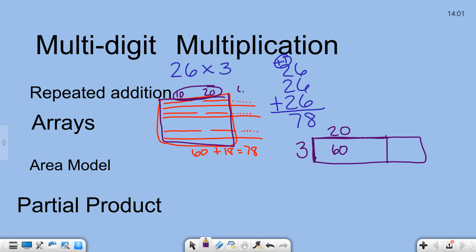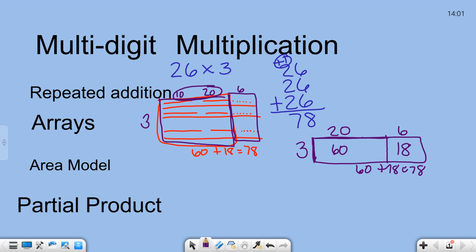And then I have 6 1s over here. That takes up less space. And 3 rows of 6 is 18. And now I have 60 plus 18 equals 78.